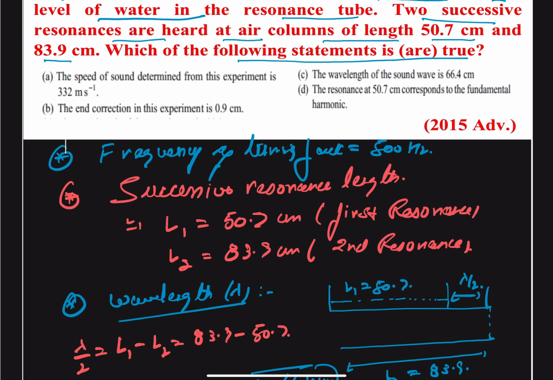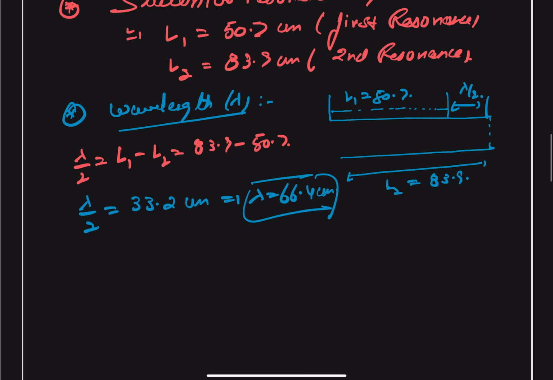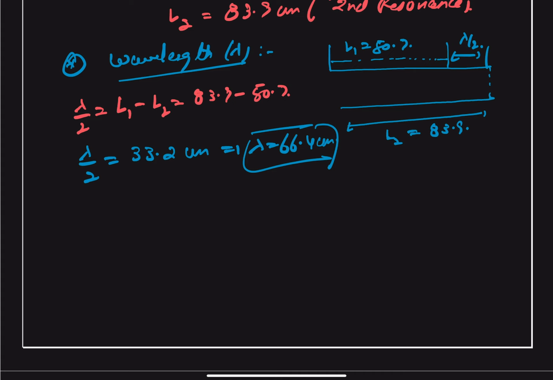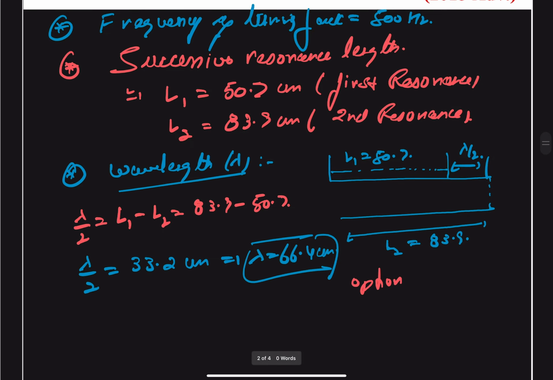So option C is true: the wavelength of the sound wave is 66.4 centimeters.